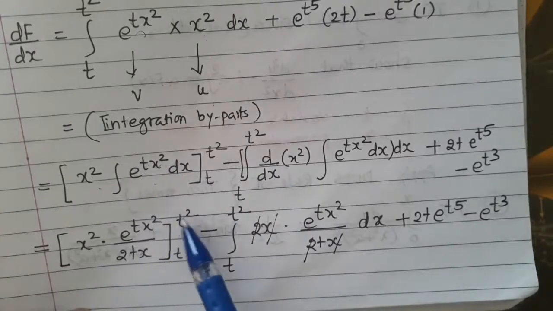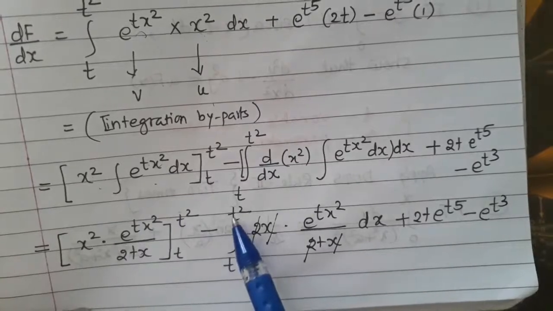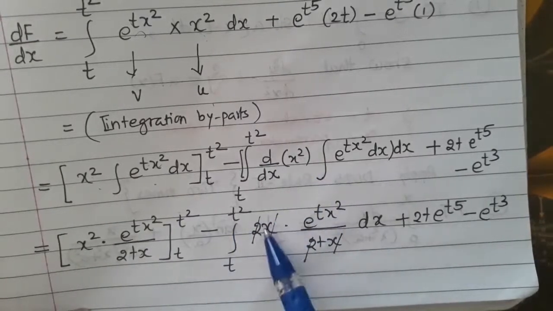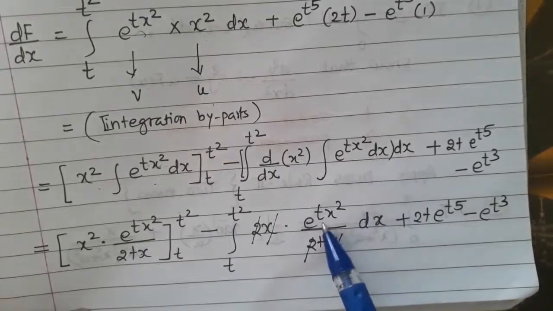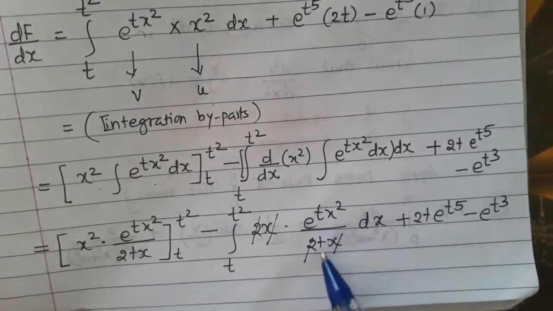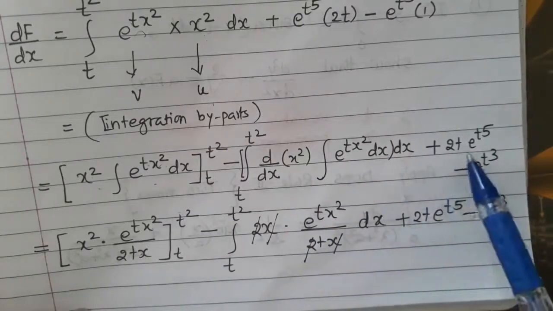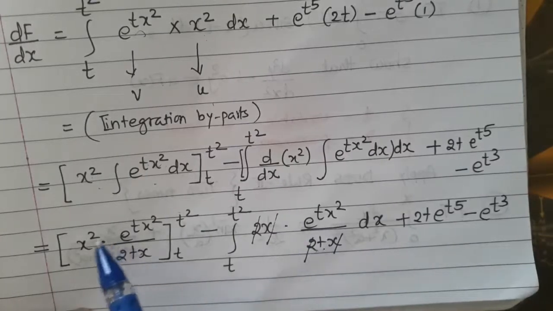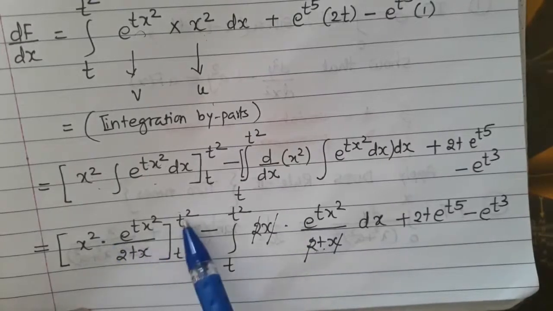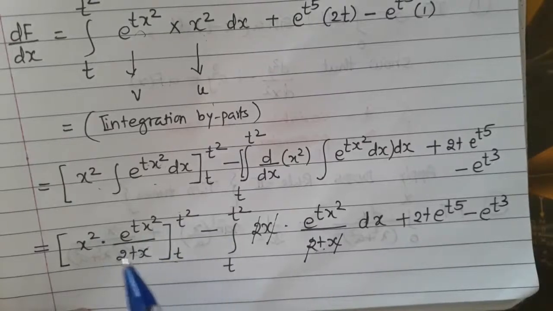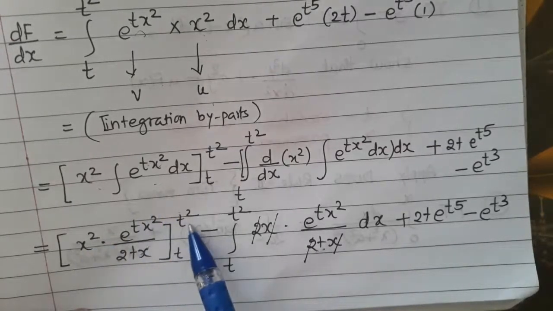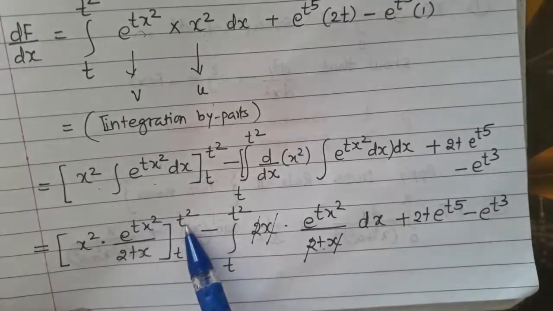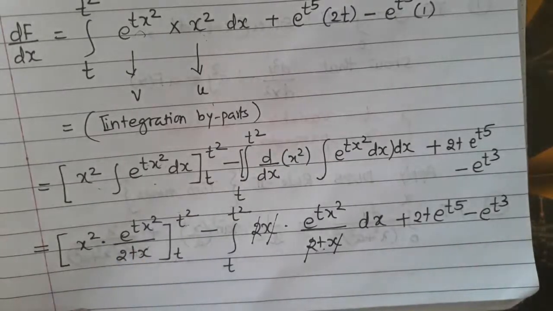Apply the limit t to t square, minus integral of t to t square, derivative of x square is 2x, integration of this function is this, e raised to tx square upon twice tx dx, and write the last two terms as it is. From this second step, 2 and x, that means 2x, will get cancelled, and for the first step, apply the upper limit and lower limit, that means replace each x by the upper limit t square and replace each x by the lower limit t.